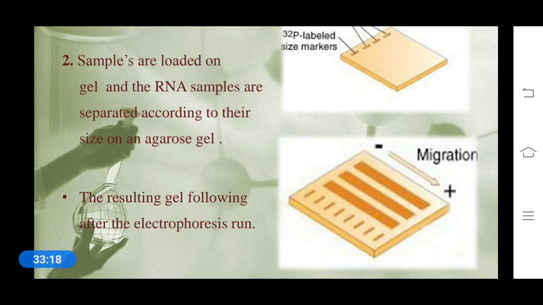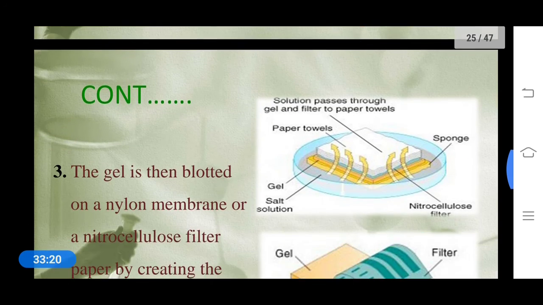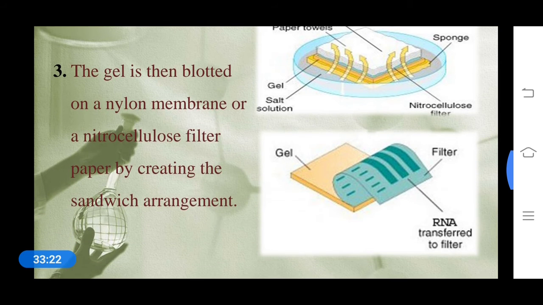Finally, the resulting agarose gel is blotted, and the RNA bands produced on the gel are transferred onto a nylon membrane or nitrocellulose filter paper.